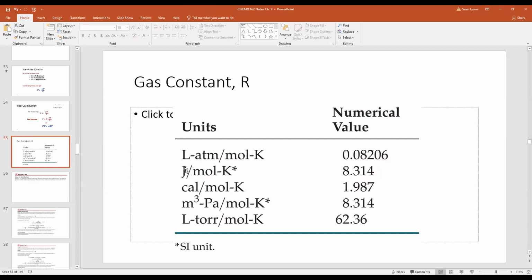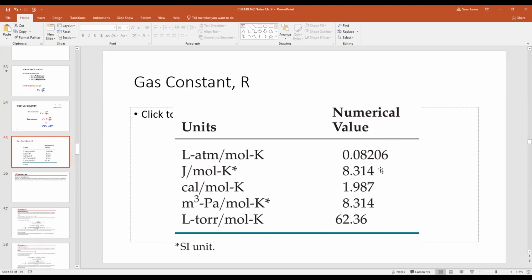In some cases, you can see that they actually combine to give joule or calorie. But liter atmosphere per mole Kelvin is going to be our most common R value. But if we had a pressure in torr instead of atmospheres, we would want to use 62.36. If we had meters cubed and pascals, we could use 8.314, same thing as joules. So depending on what pressure and volume units we have, we may use a different R value.